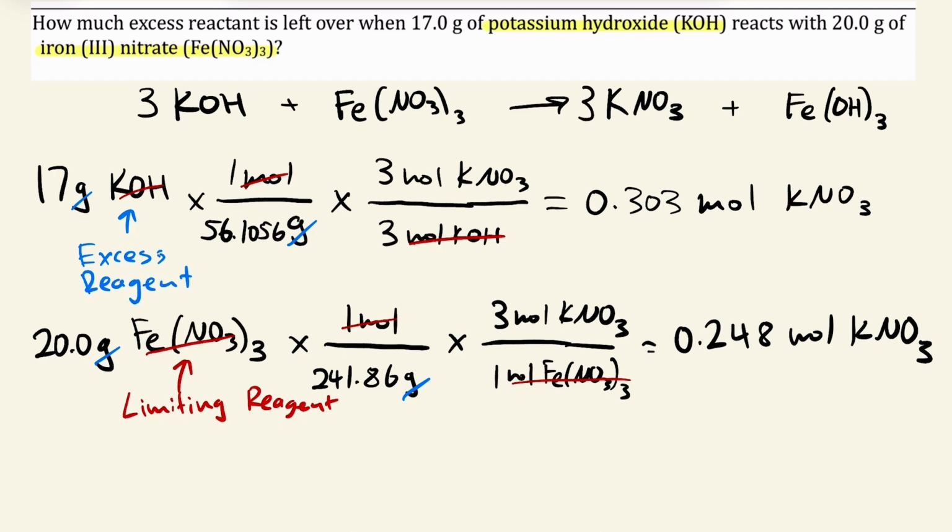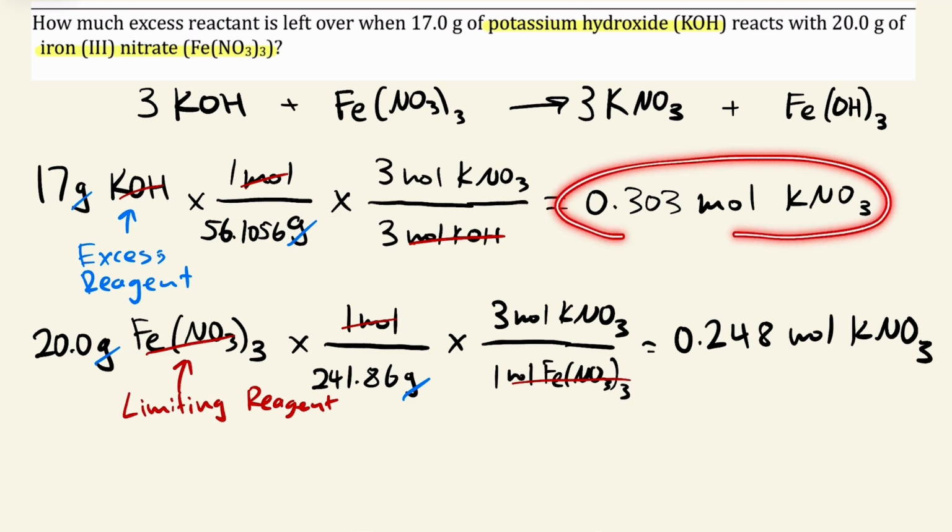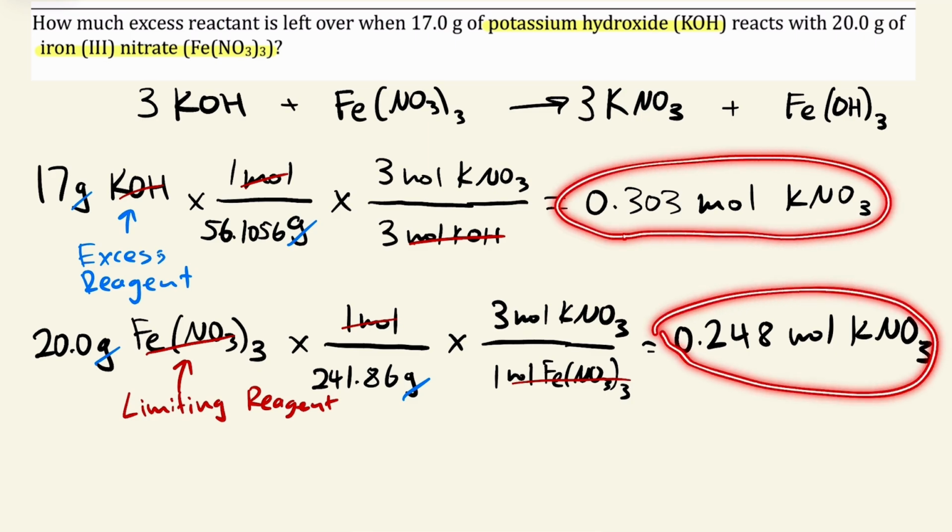So now we need to figure out how much excess reagent is left over. That excess reagent is going to be our KOH, potassium hydroxide. So to figure out how much KOH is left over, we're going to take these two numbers and subtract them from each other.